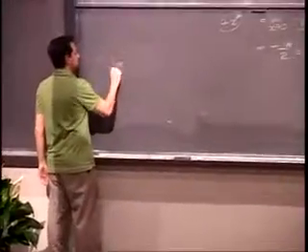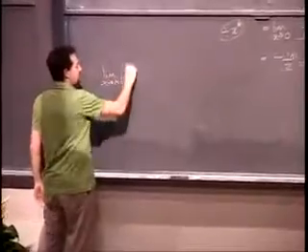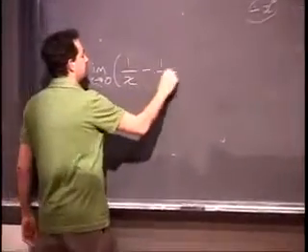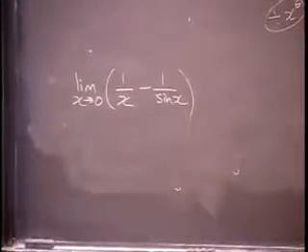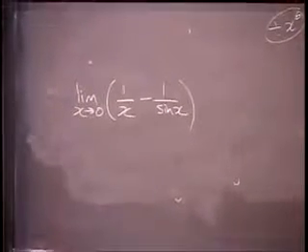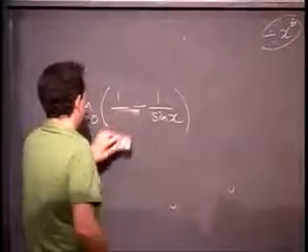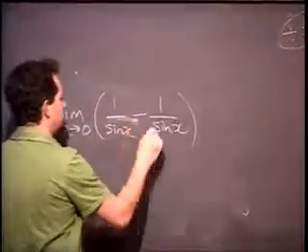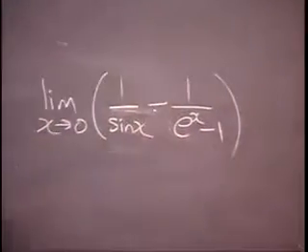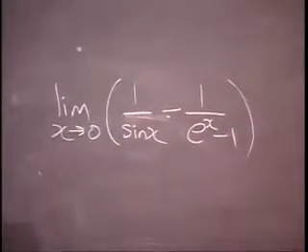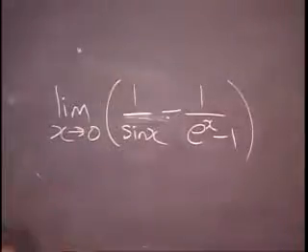Another example, which I'm not even going to finish, I'll leave it to you, is something like the limit of 1 over sine x minus 1 over e to the x minus 1. This is not actually a fraction as it stands. They're both infinite in the limit.